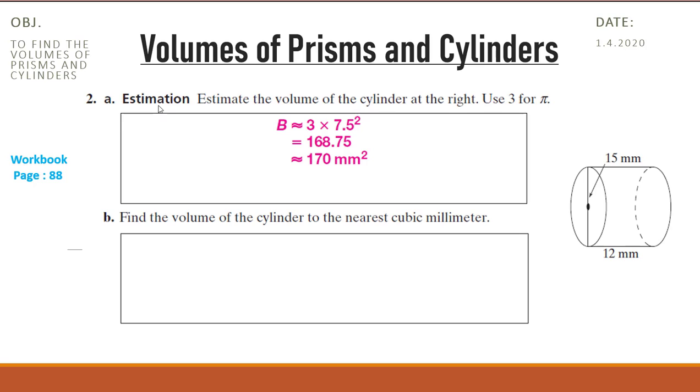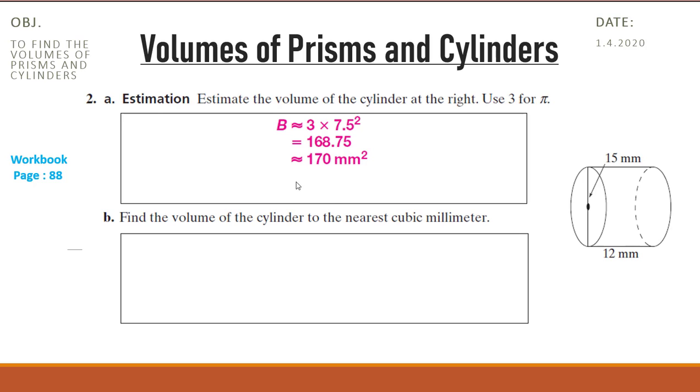So this is the estimation, not the exact answer. To find the exact answer, we will use the exact values for pi and r. Of course, here you can use the estimation 8, not 7.5. That's also correct. You will find an answer near to 170.